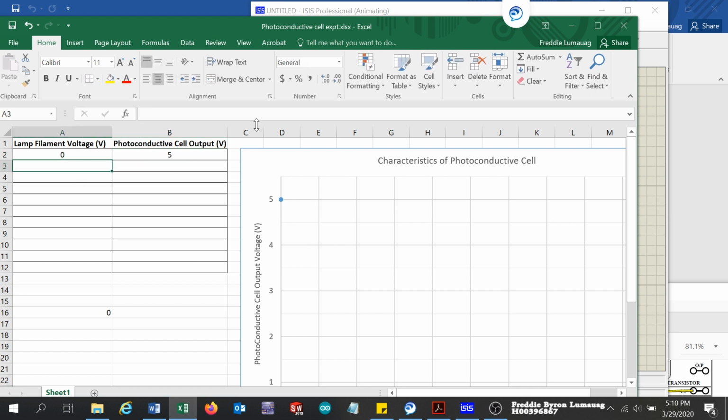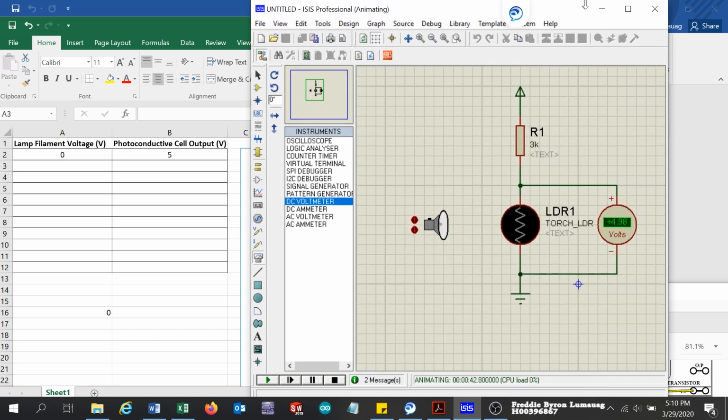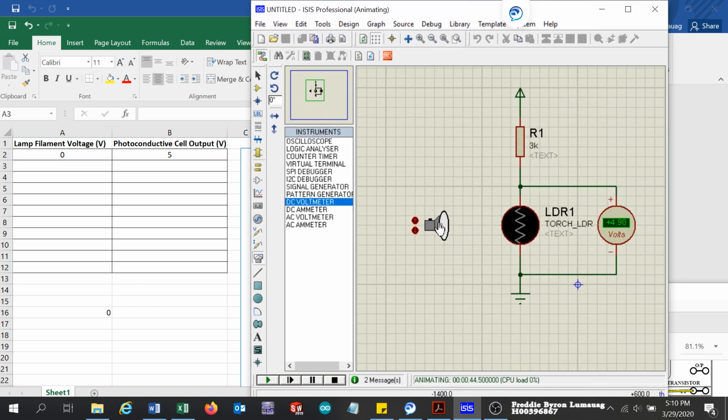Okay, so we have here lamp voltage filament is 0, so the voltage at this point will be 5 volts. So this one, we will consider this as 1. Okay, but there's already a voltage here, which is 4.98.